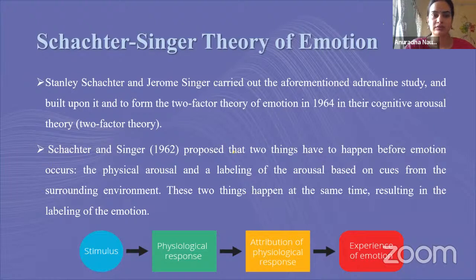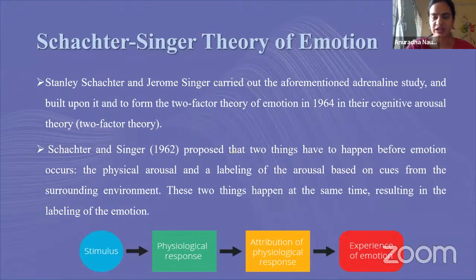So starting again, we'll be talking about the Schachter-Singer theory of emotion. Stanley Schachter and Jerome Singer carried out the adrenaline study which we mentioned in the criticism of the James-Lange theory.